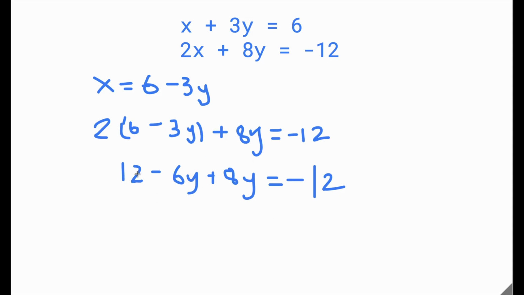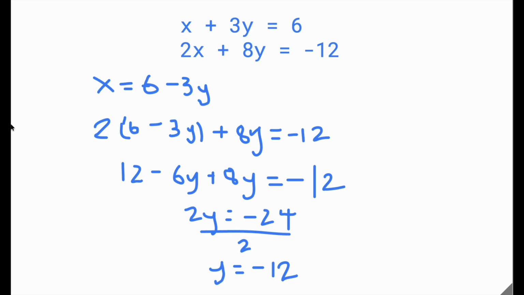And if I were to subtract the 12 from the other side, that's going to give us 2y equals negative 24. I know I did a couple of steps in there, but all I'm doing is combining these two like terms, negative 6y and 8y, to give us 2y, and then I'm subtracting 12 from both sides in order to give us negative 24. And then if I divide that whole thing by 2, that's going to give us y equals negative 12. So now I have my first variable.